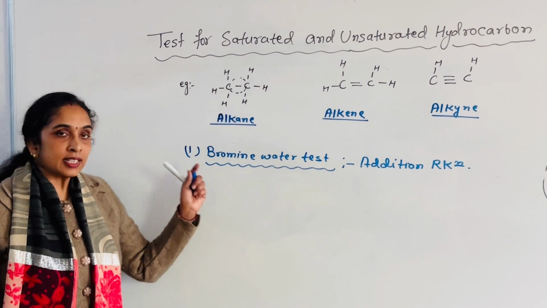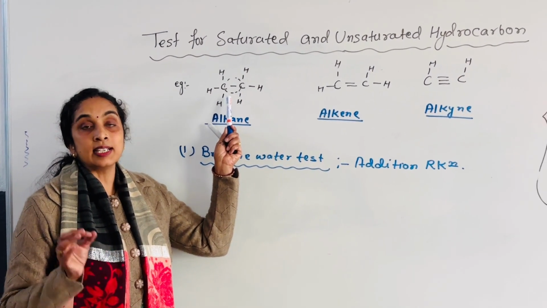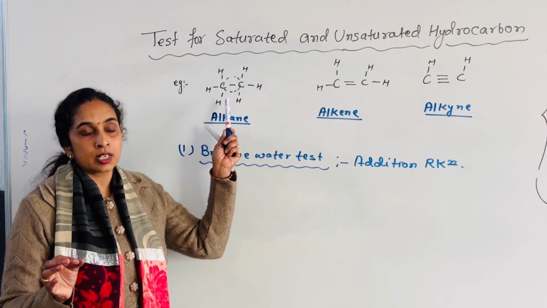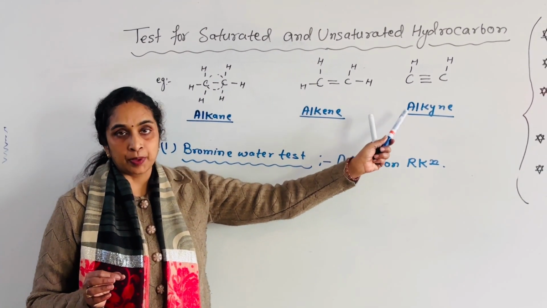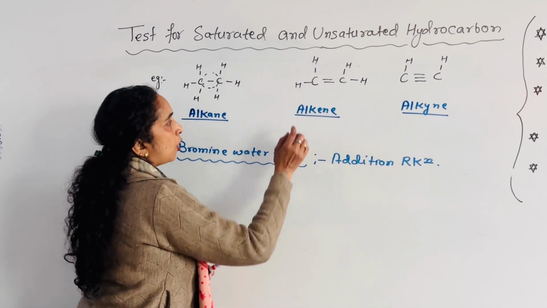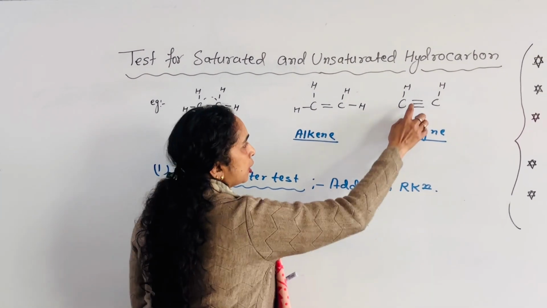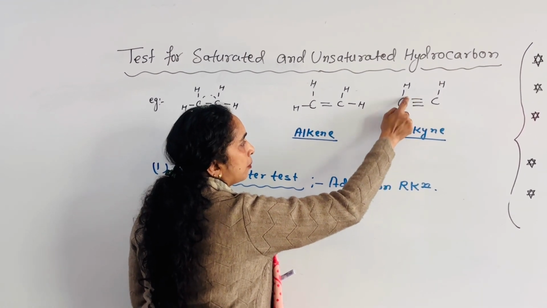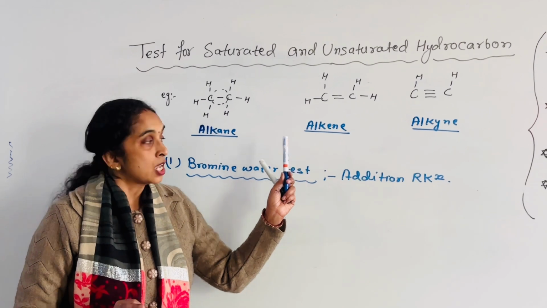Clear? Since the single covalent bond is the strongest bond with respect to double and triple, in a double bond the second bond is weaker, and in a triple bond the two other bonds are weaker with respect to the single bond.